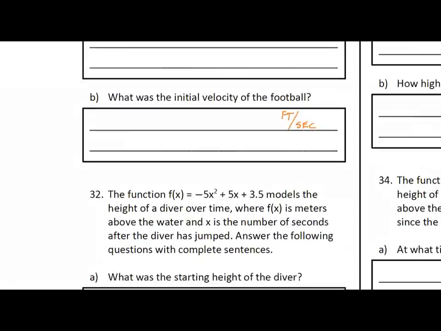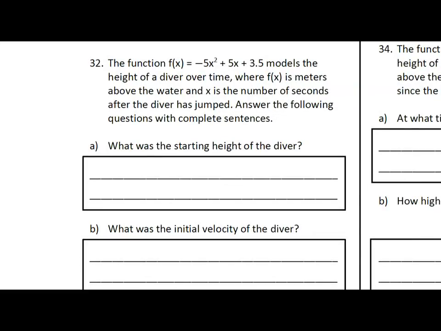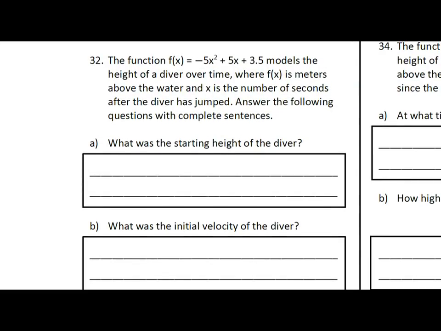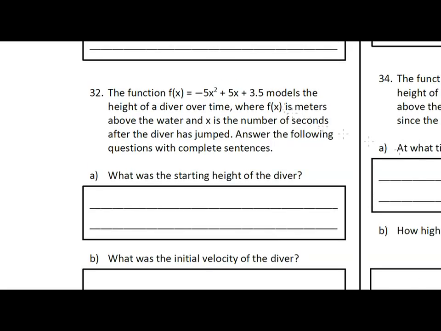Let's take a look at number 32. It's the same question. This function, which is in standard form, models the height of a diver over time, where f of x is in meters above the water, and x is the number of seconds after the diver has jumped.